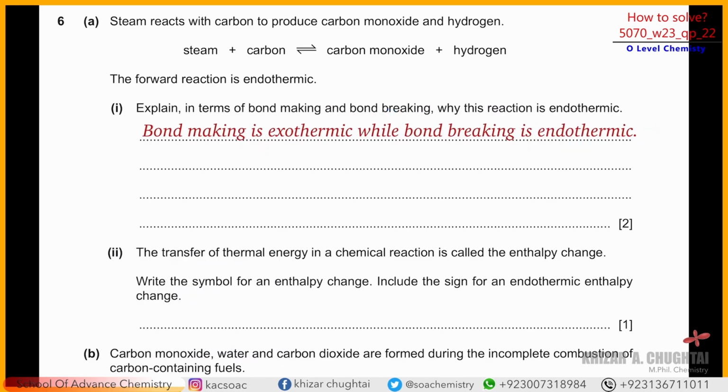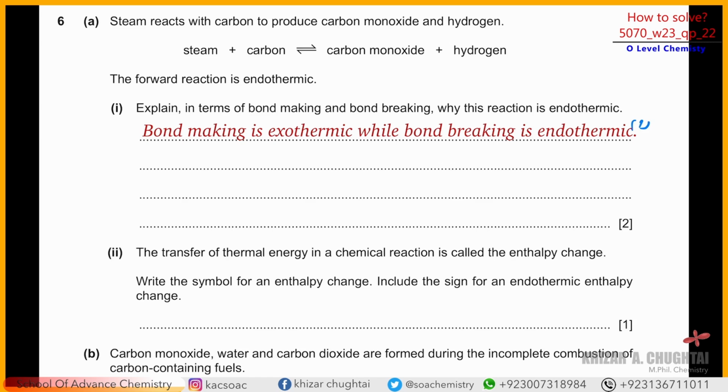Bond making is exothermic while bond breaking is an endothermic process. Now the next sentence will be in terms of energy.